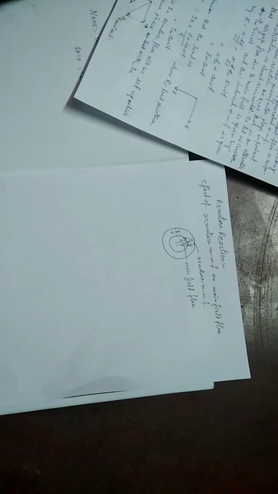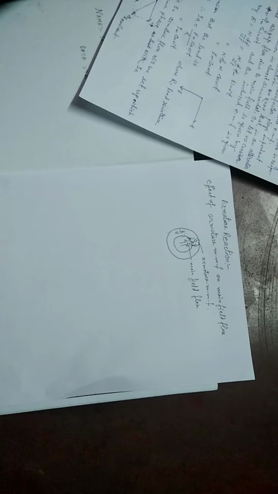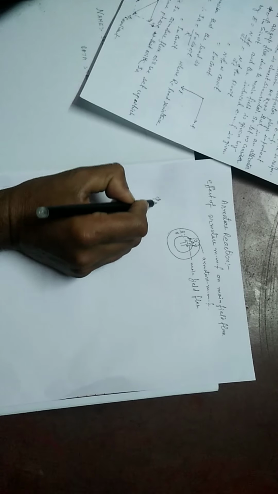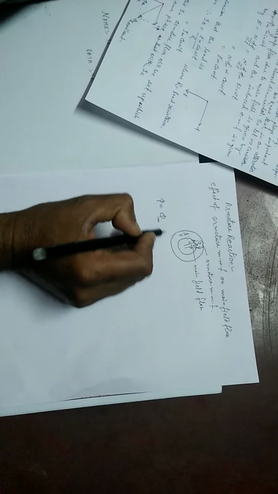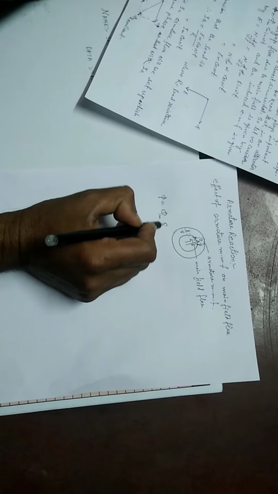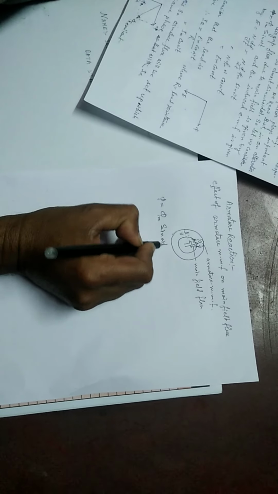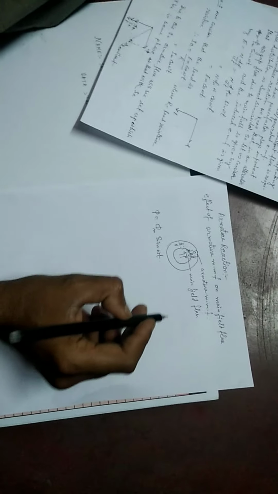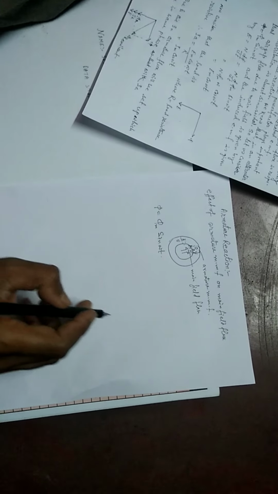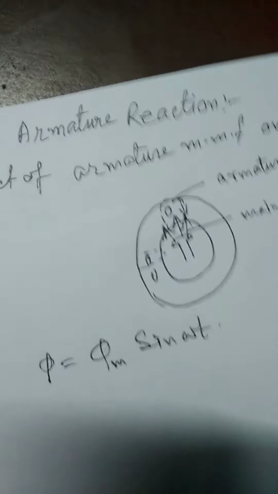So let us consider that the air gap flux due to the main field is given by phi equal to phi m sin omega t.